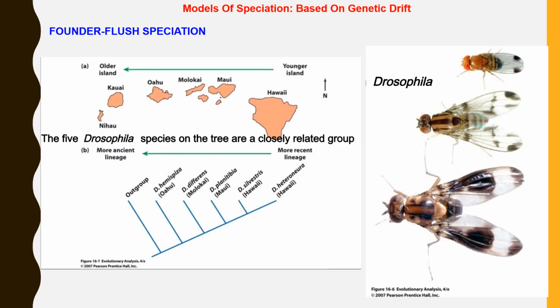The figure here shows the phylogenetic lineage of Drosophila species found in the Hawaii Islands, which could be correlated to the events of formation of new islands.